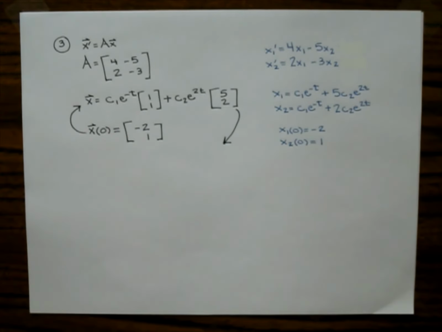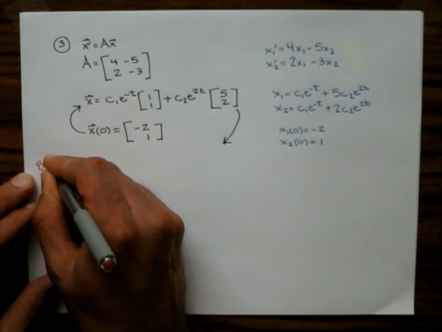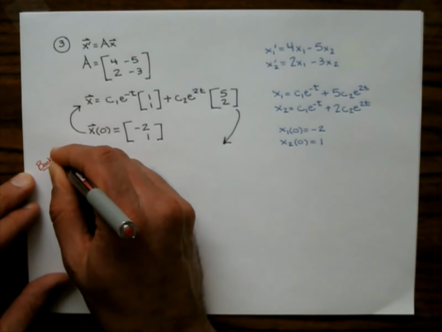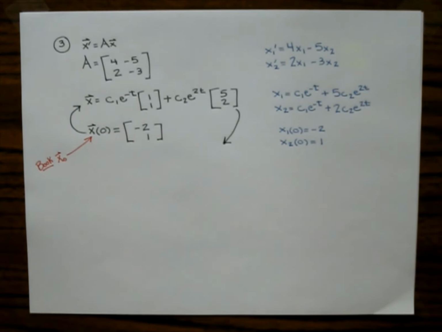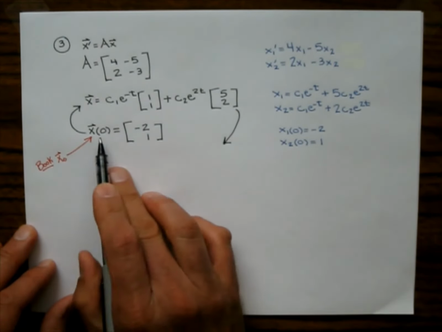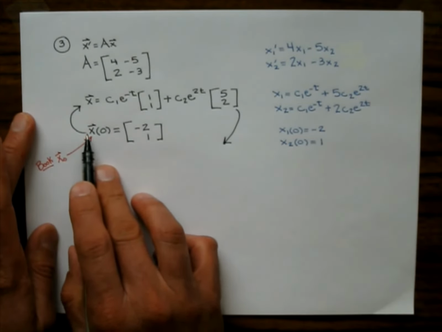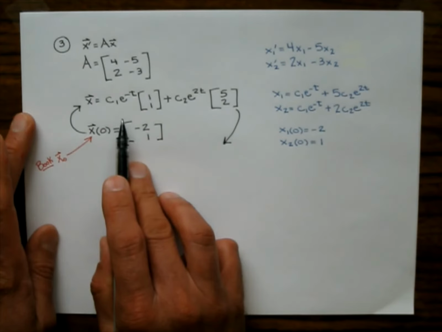Oh, a caveat. Your book will say x sub 0 bar for that. That's what your book will say, and that's cute and all that. I've seen that notation, but I like this better. So we plug these initial values into the general solution.